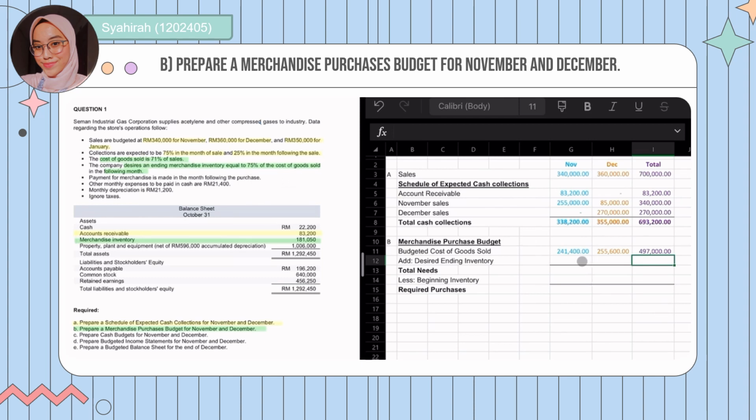Okay, so for November, the desired ending inventory is like this: 0.75 multiplied with the budgeted cost of goods sold of the following month, which is December, which is this. We multiply it, and then we will get 191,700. And then for December, we have to know the budgeted cost of goods sold for January, right?